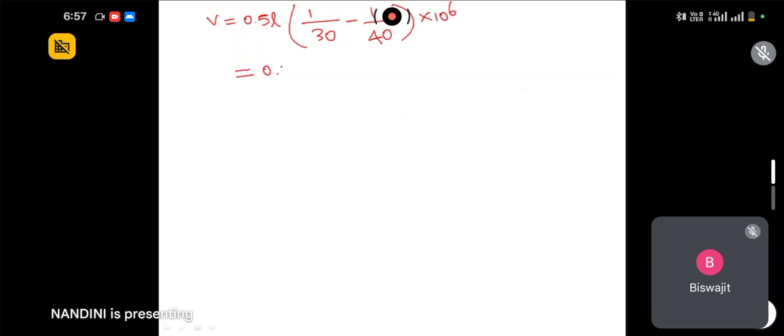So 0.5 into L, which is 10 centimeter, and by 30 into 10 raised to 6. How much will it be? What will be the wind velocity?